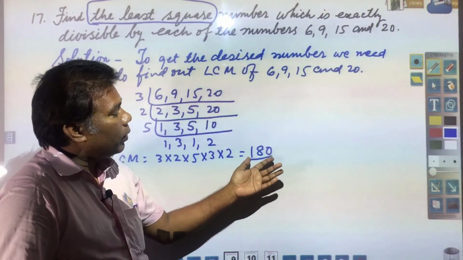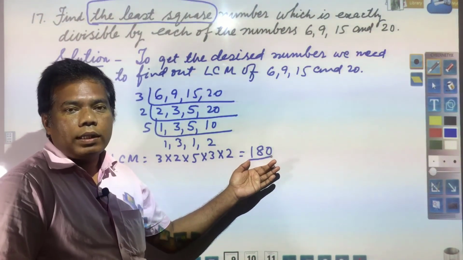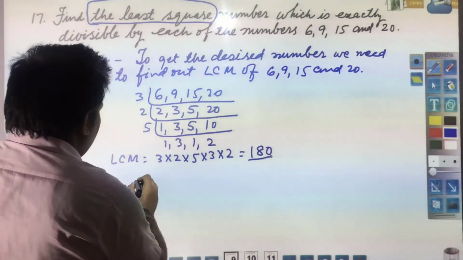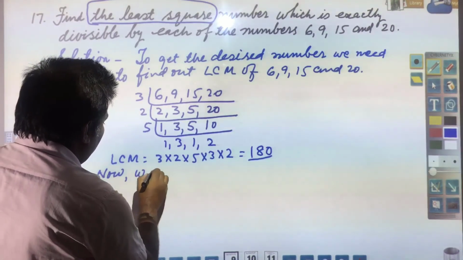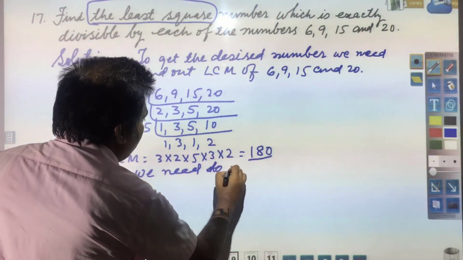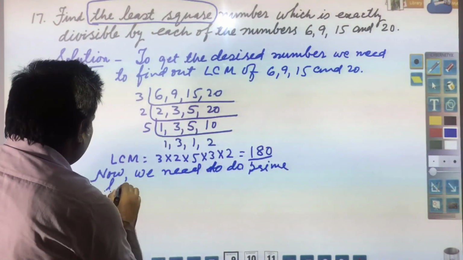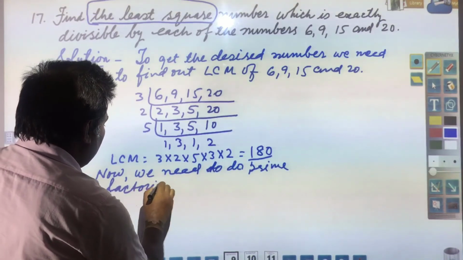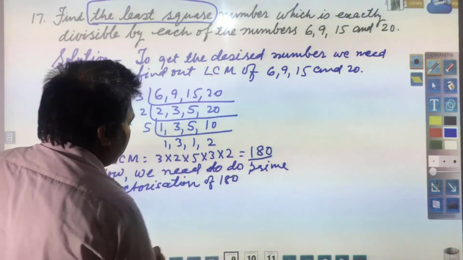For knowing that, you need to do prime factorization of this number. Now, we do the prime factorization of 180.